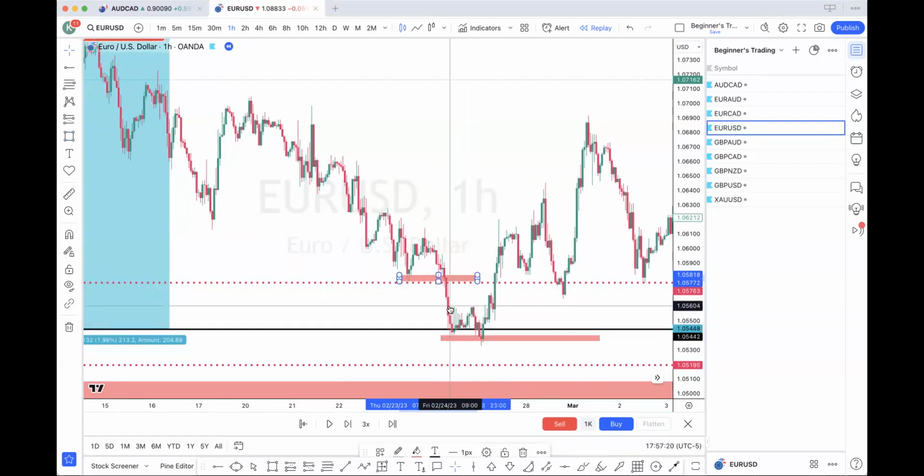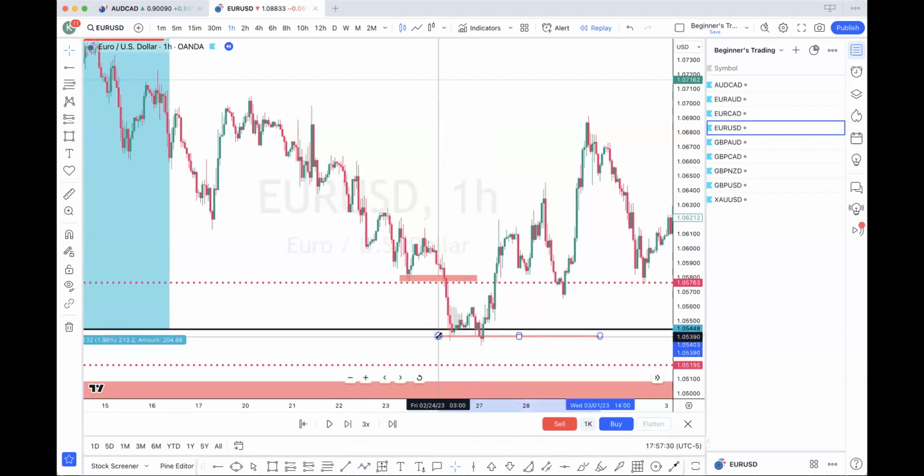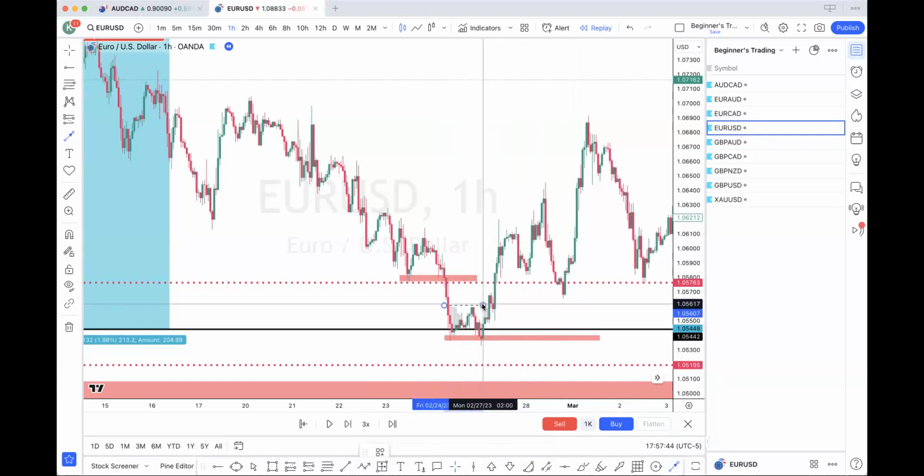So price pulled up, it's not breaking this little minor high right here. And then it came down and it's not breaking this minor low down here. It's not a closed candle. So what did price do? Price came and broke this little minor level of high right here.